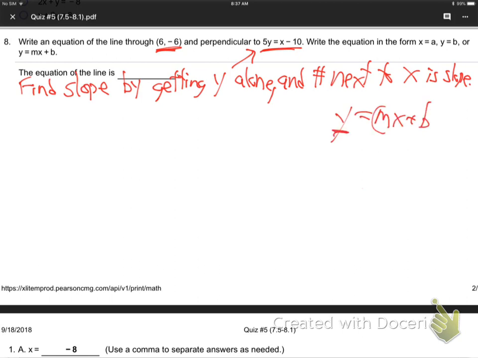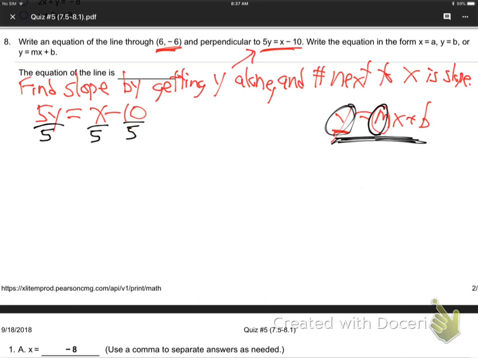So if you get y alone, the number next to x will be the slope. So I take that equation, 5y equals x minus 10, and I get y alone. So get y alone, divide through by 5. Boom.